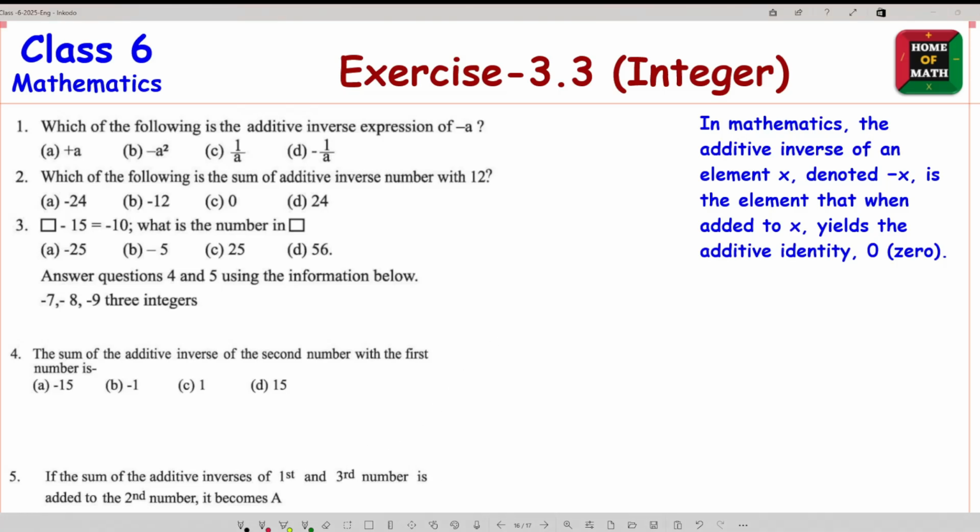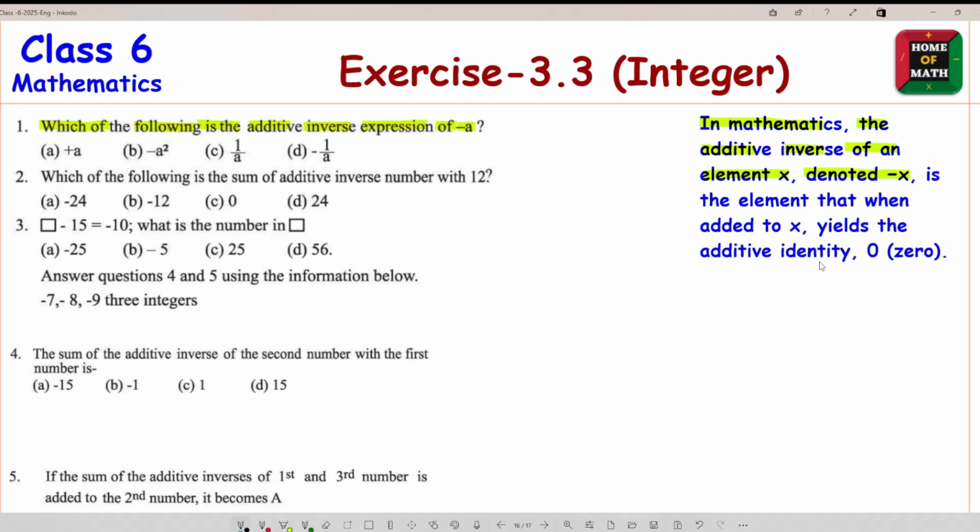Let's start. Question 1. Which of the following is the additive inverse expression of minus a? First, we have to know what an additive inverse expression is. In mathematics, the additive inverse of an element x is denoted minus x.